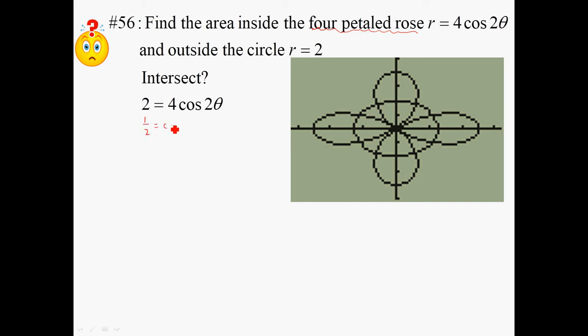1/2 equals cosine 2 theta, inverse cosine. Who has a cosine of 1/2 in quadrant 1, and divide that by 2.